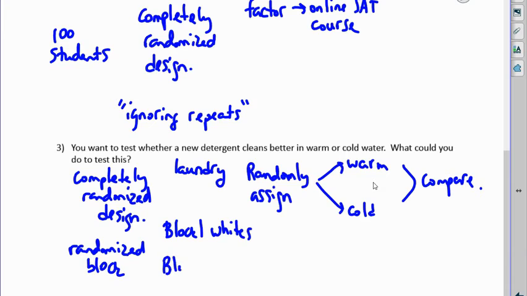Block 2 could be the colors, right? You could use that kind of design. And it's not random which block you go into. If you're a white shirt, you go into block 1. If you're a colored shirt, you go into block 2. But then you have to have the randomness. You would randomly assign.